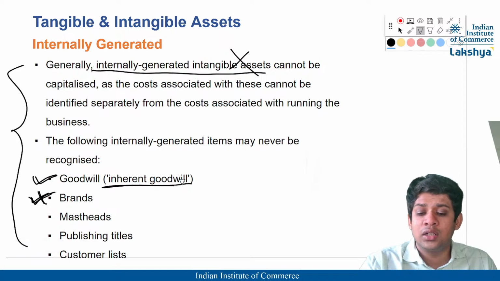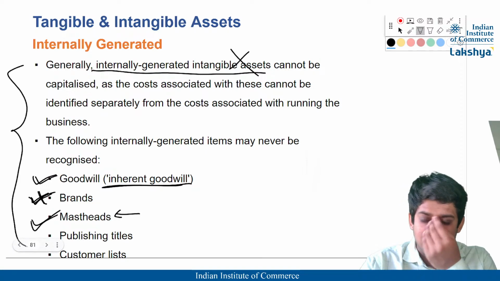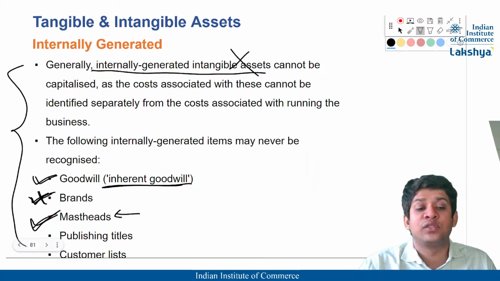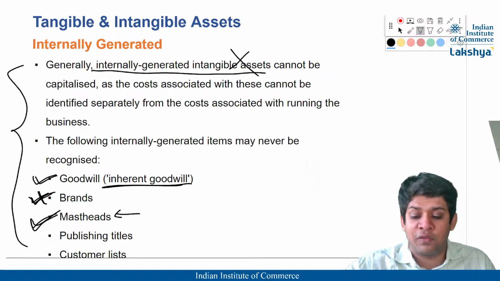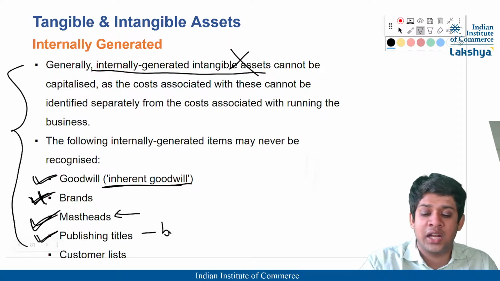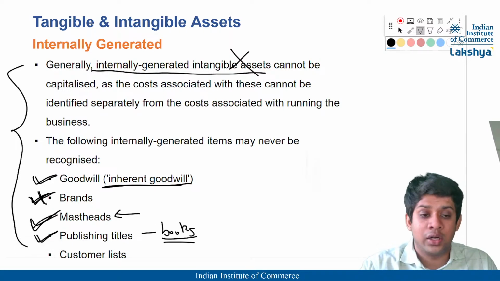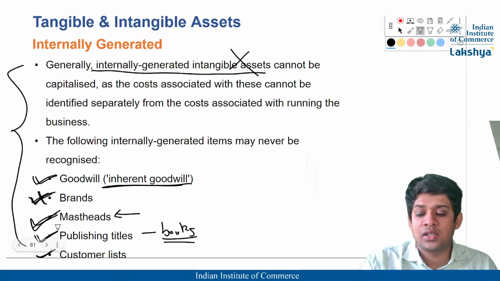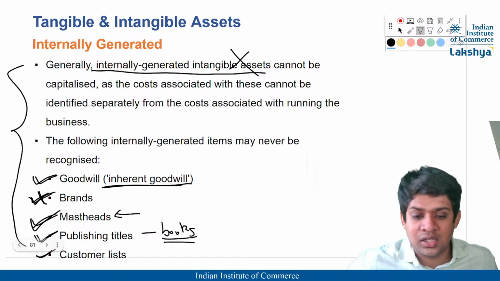Goodwill, inherent goodwill, I'll explain to you. Just give me a couple of minutes. Mastheads. Mastheads means nothing but on the newspaper you have a heading that this company did this and everything. Those are intangible assets. From that the company will be famous, and from that the company will generate economic benefits. Any sort of publishing titles, maybe if the company is publishing books with its titles on them, that this company has published this book, is also an intangible asset to the company. Any customer list: the company has its own customer base.